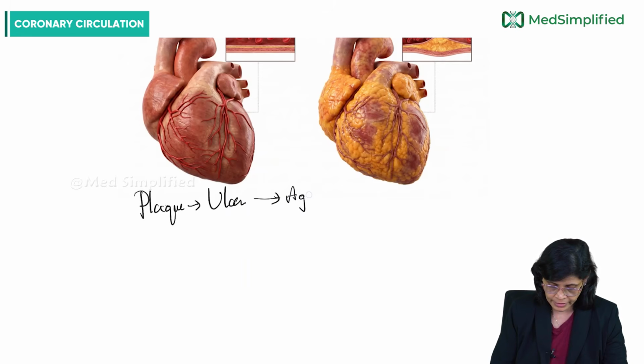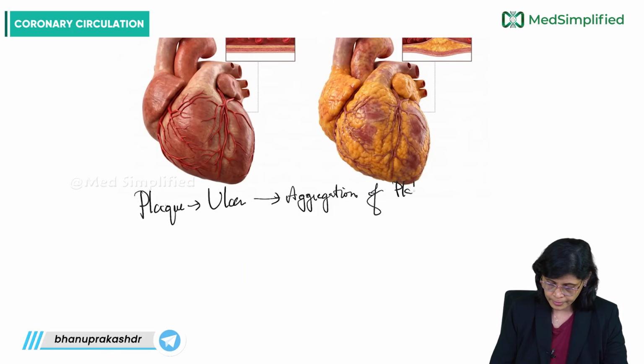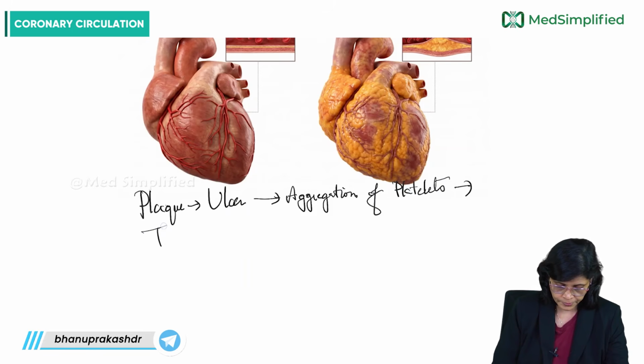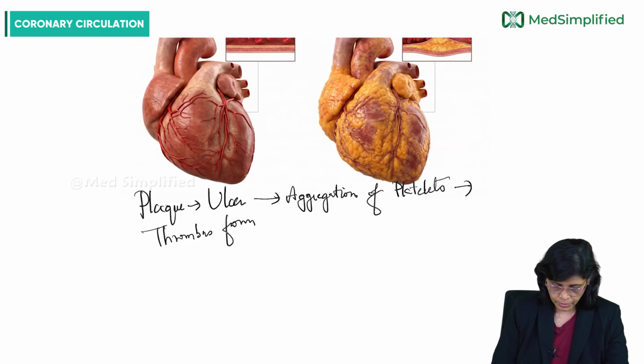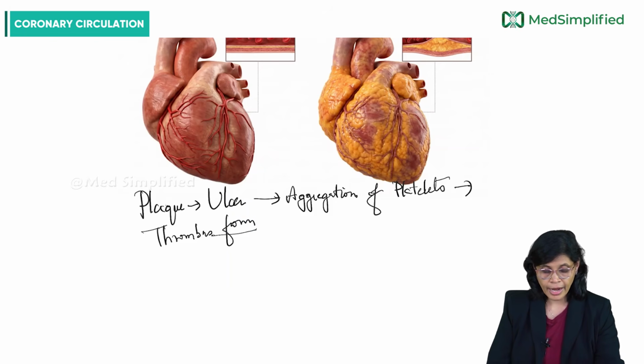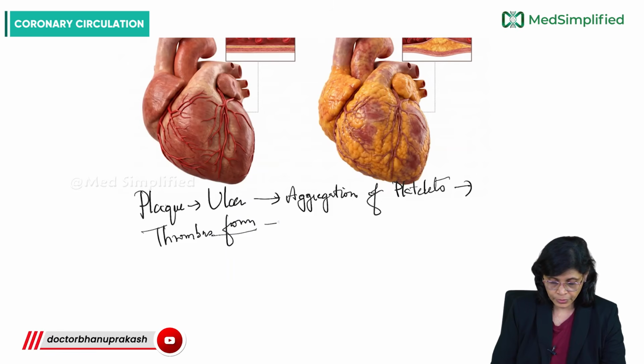Aggregation of platelets results in thrombus formation, and this results in narrowing of the vessel.